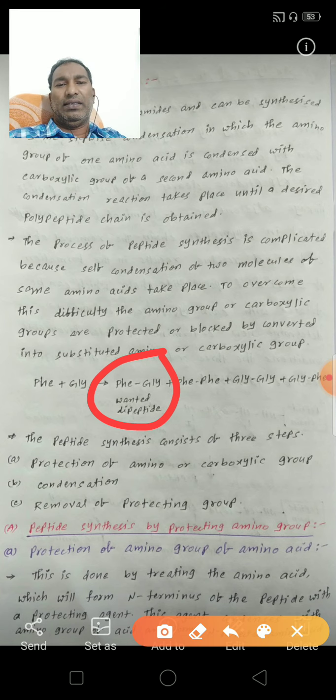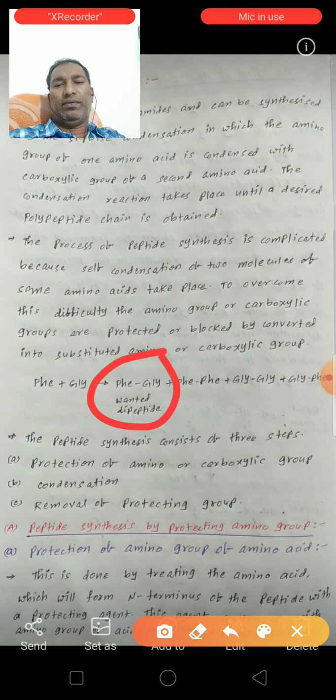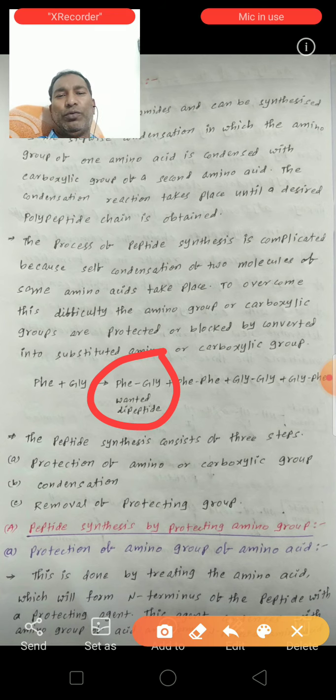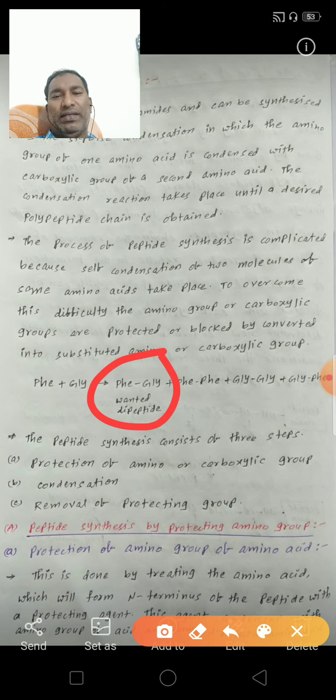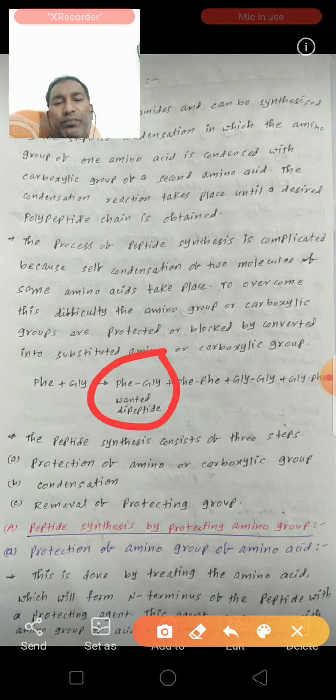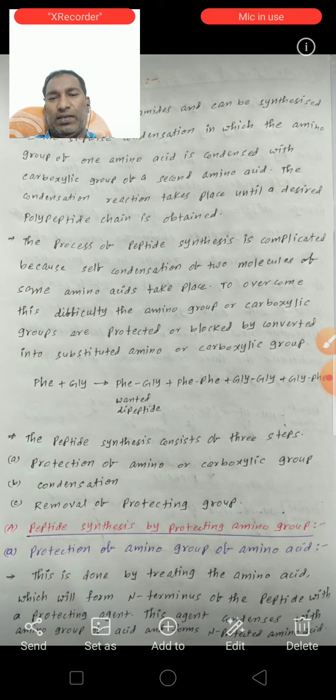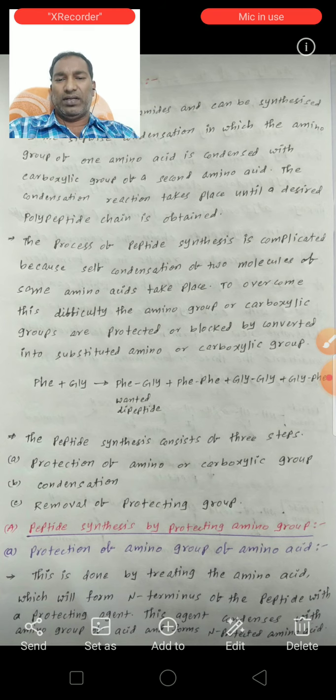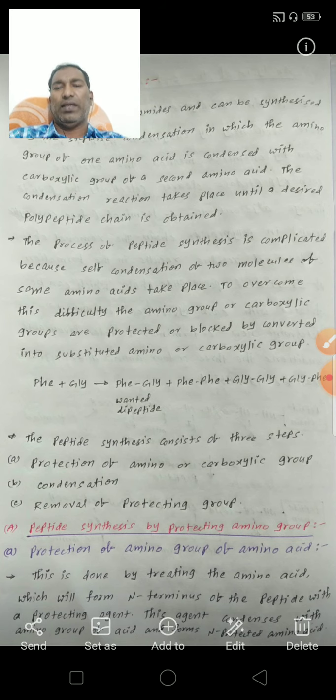So to form the wanted dipeptide, we can protect the amine group and COOH group by substitutions. Here the peptide synthesis consists of 3 steps. One is protection of the amino group or carboxylic group. Second is the condensation. Third is the removal of the protecting group.